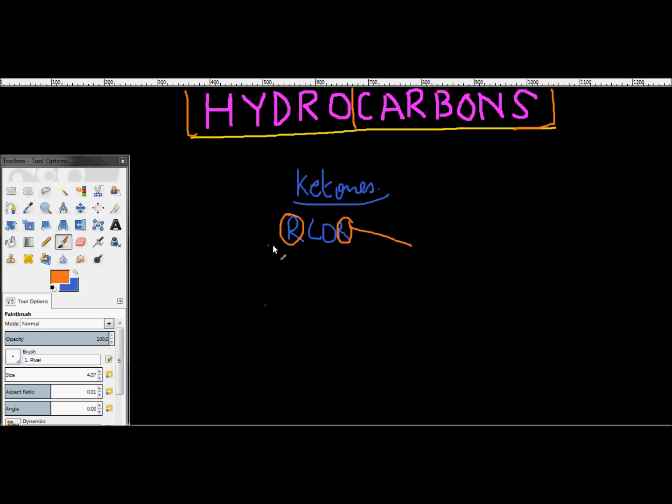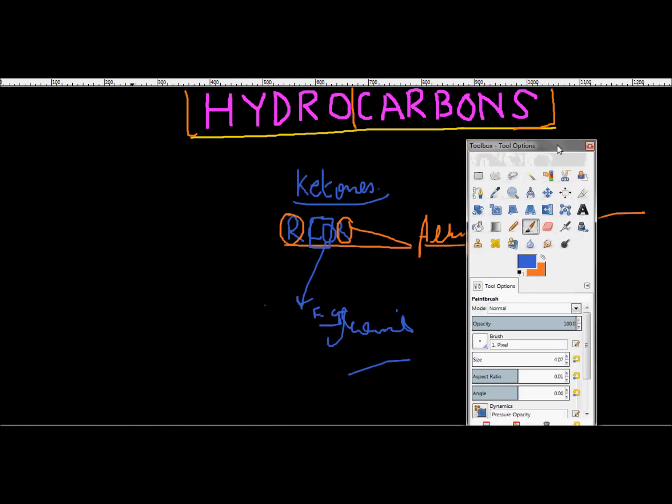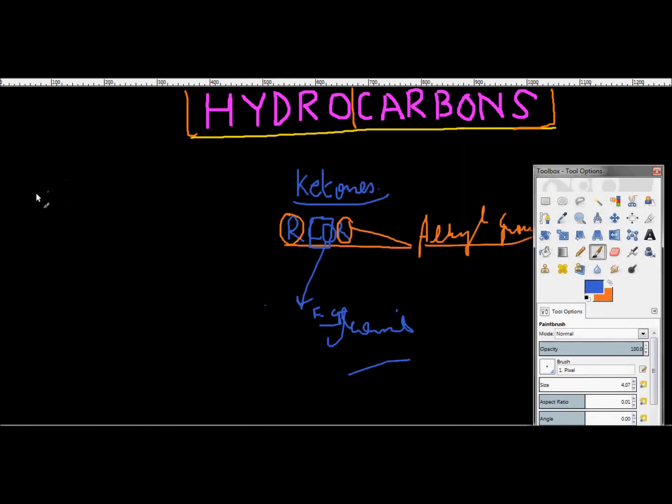Both these R's are alkyl groups, determining the physical properties. And this CO right here is nothing but the functional group, FG, determining the chemical properties. Okay, so the only compound in discussion for you guys is known as propanone.